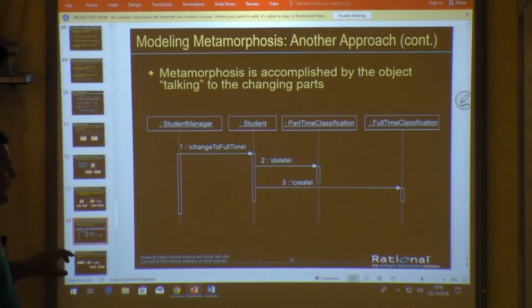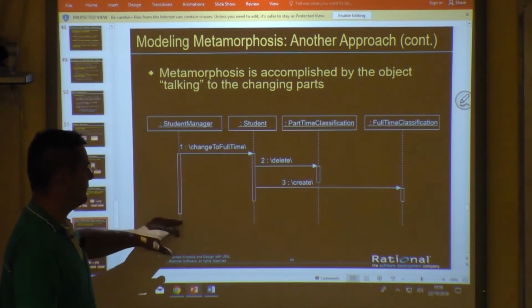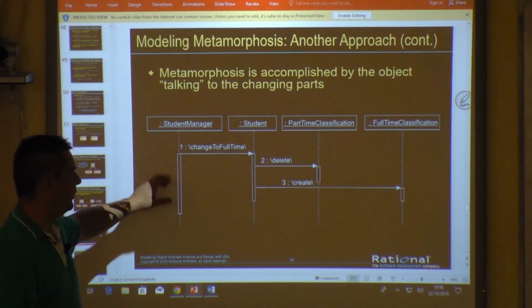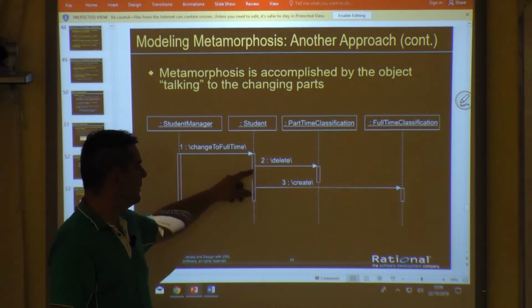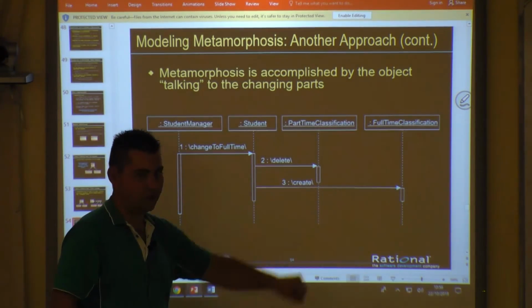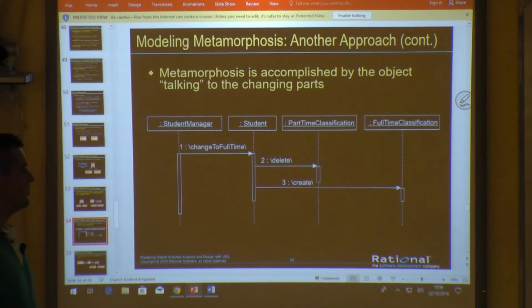There is an example where they're working with this in terms of the sequence diagram. What are we seeing? Change to full-time. Now what we need to do is, from the student, remove them from the part-time classification, then create a full-time classification entry for them.